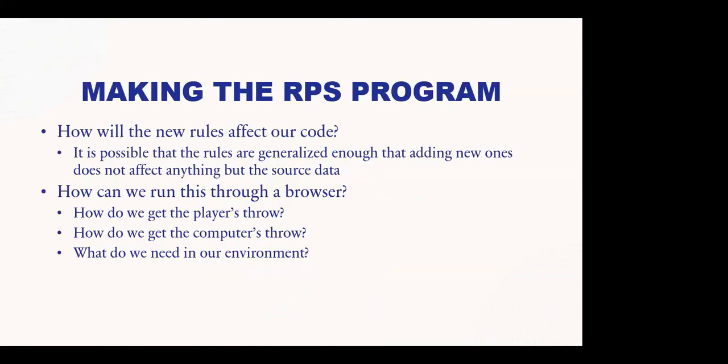So how are the new rules going to affect our code? When I said that we're going to do this yesterday, did we decide to focus on a data structure that makes it easy to extend the game? Yeah. In fact, there are weird versions of rock, paper, scissors that have a pretty insane number of options.